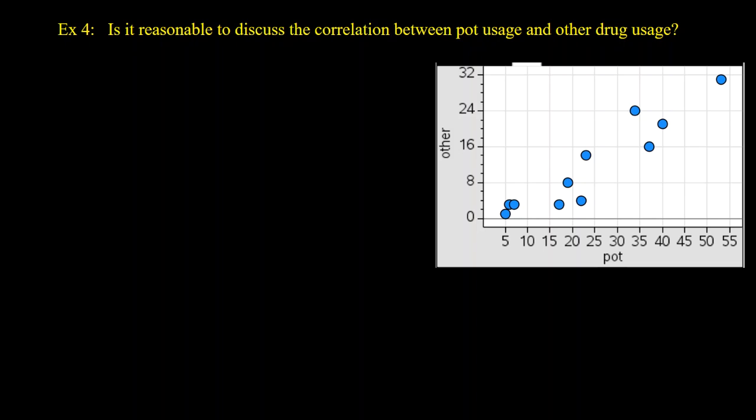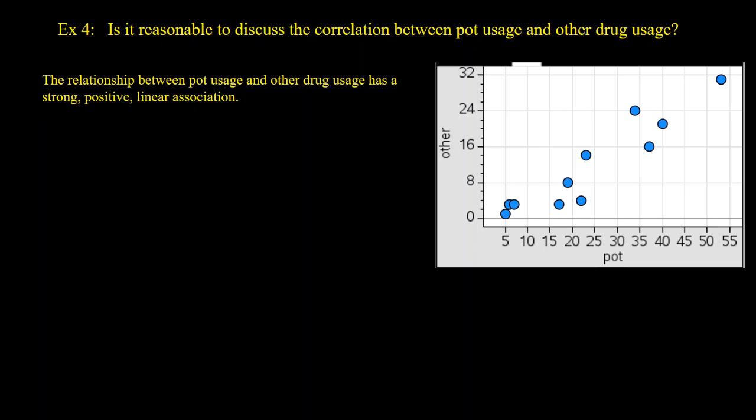We'll go ahead and discuss the relationship first. The relationship between pot usage and other drug usage has a strong, positive, linear association. As pot usage in a country increases, usage of other drugs generally increases.